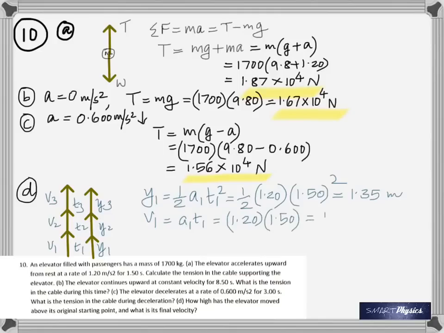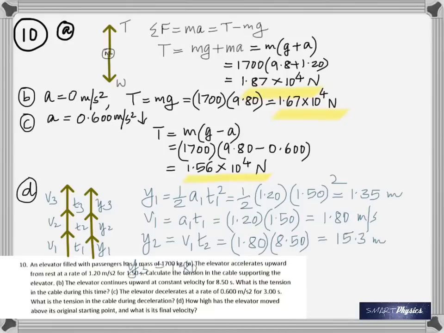And once I have the velocity, all I got to do is multiply that velocity with the time to get y2. In the second case, how much time was it moving? Do you see 8.50 seconds? So I got the velocity, and then I multiplied with 8.50 to give me the second displacement.